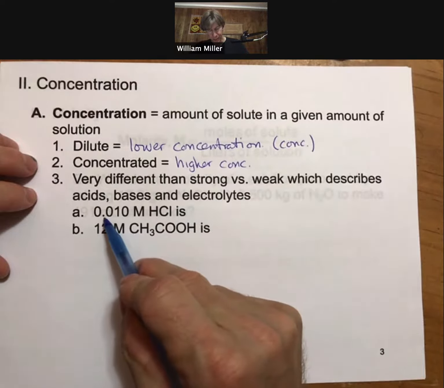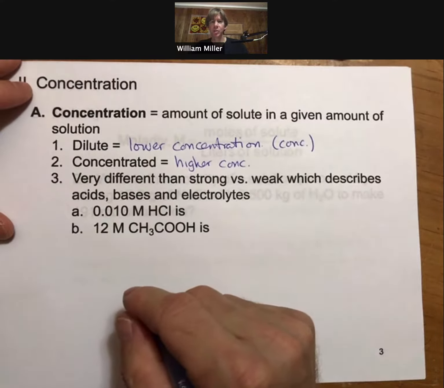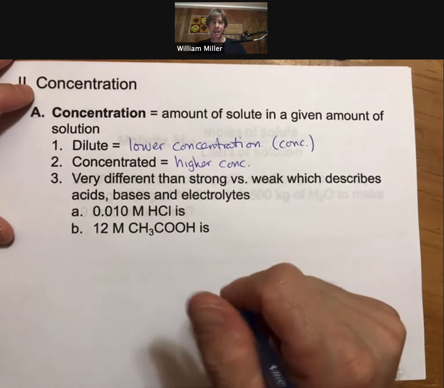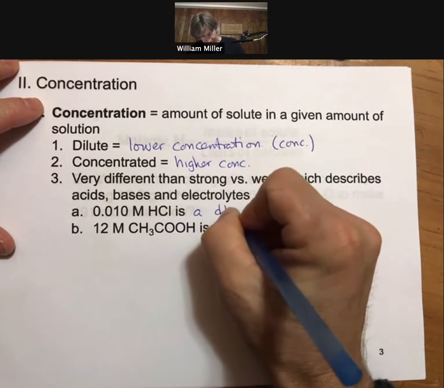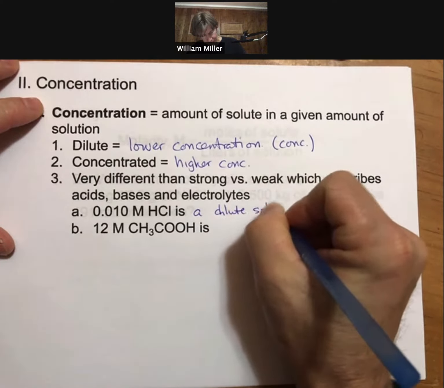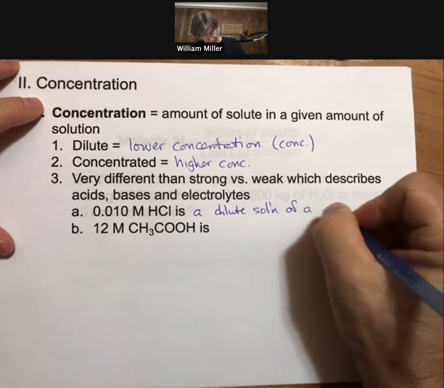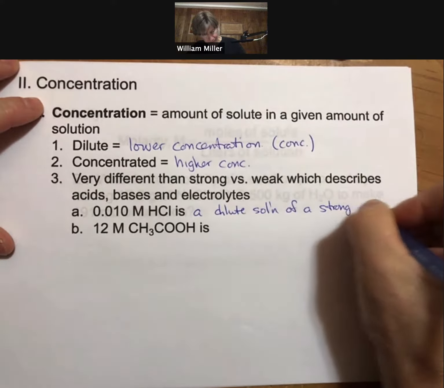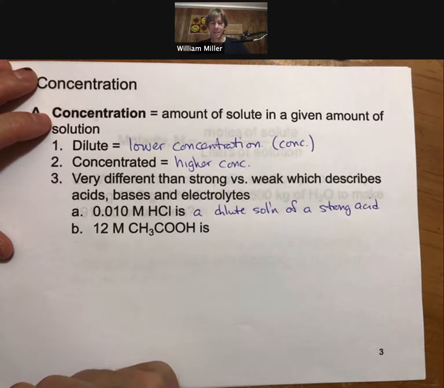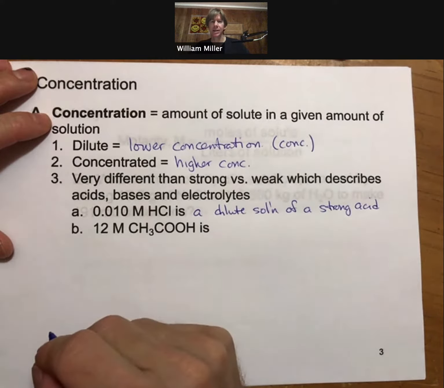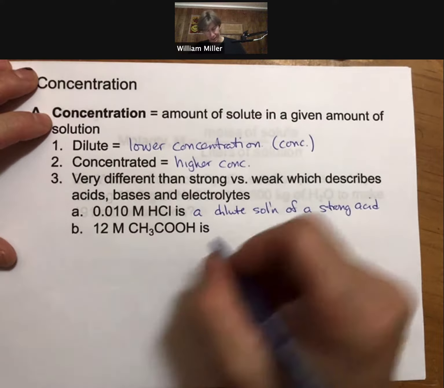So A, 0.010 molar HCl is a dilute solution of a strong acid, while 12 molar acetic acid is a concentrated solution of a weak acid.